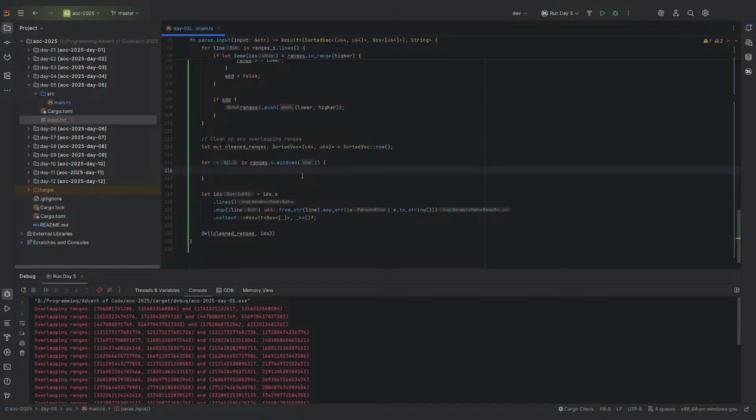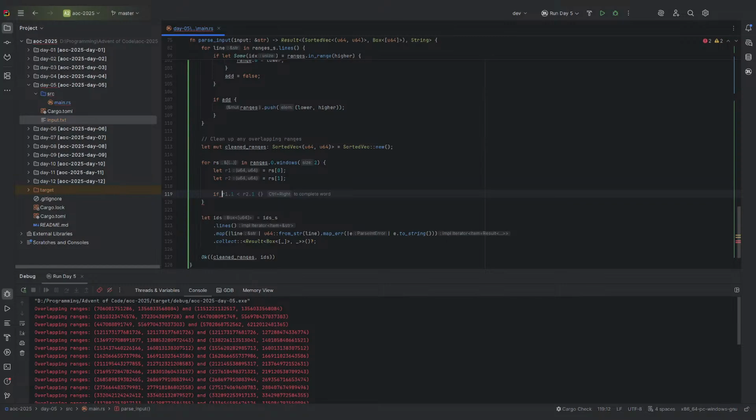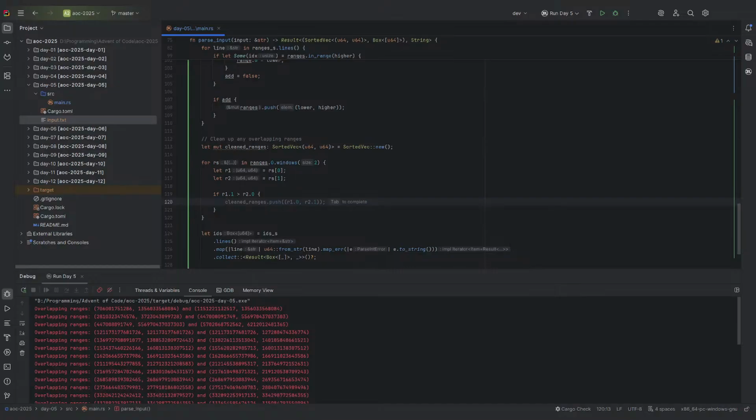Do that. So, if... okay, so this should merge any range where A's higher bound is bigger than 2's lower bound.